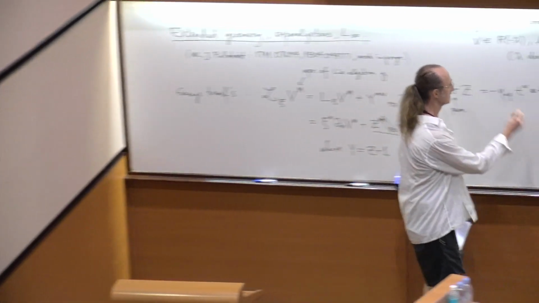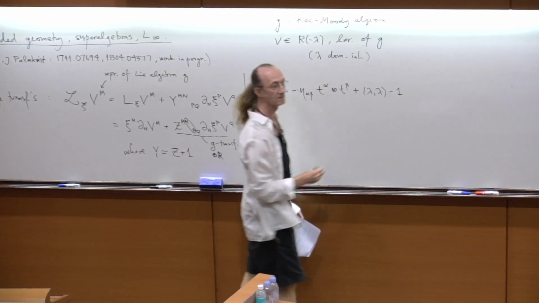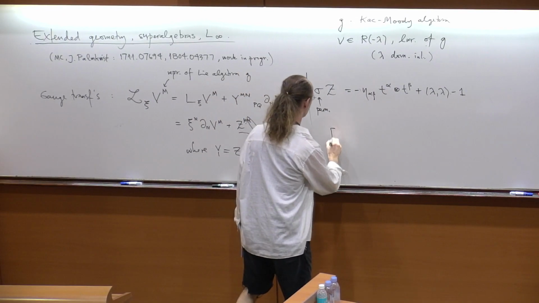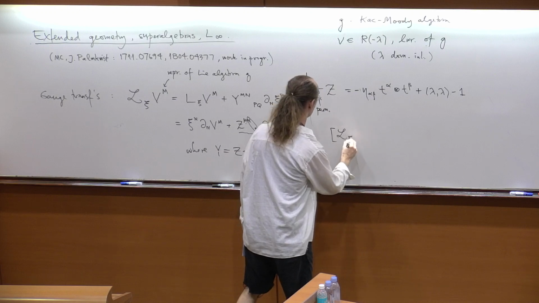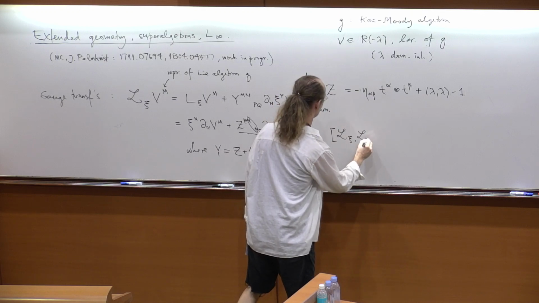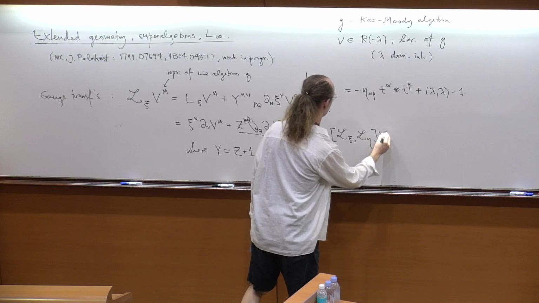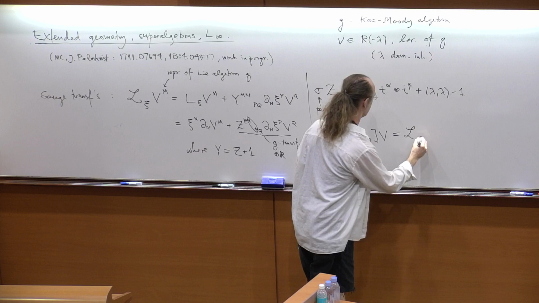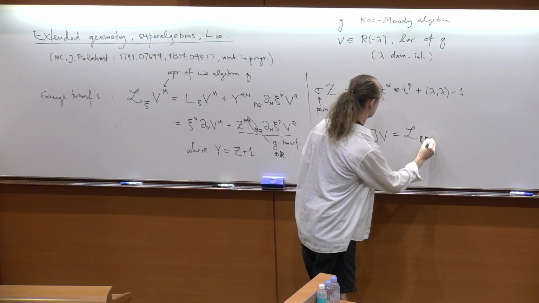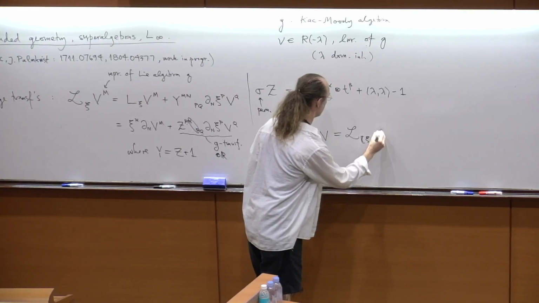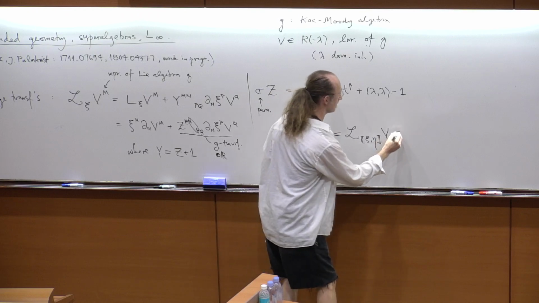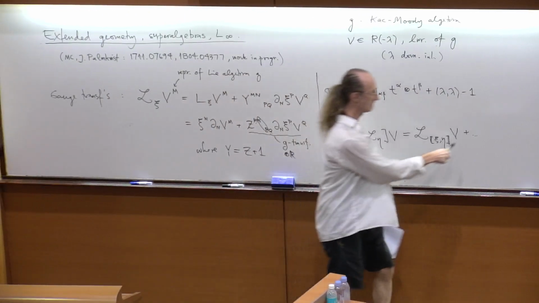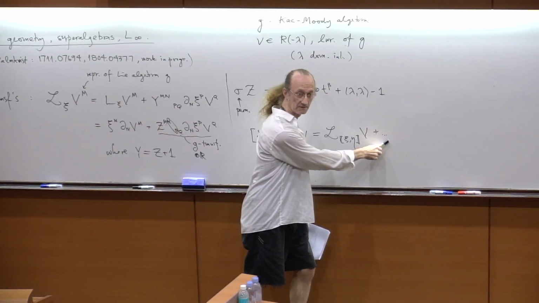How do we know that these numbers are supposed to be there? Well, we know it because we check the algebra. We check that the commutator gives that, plus maybe some extra stuff which I will come back to.